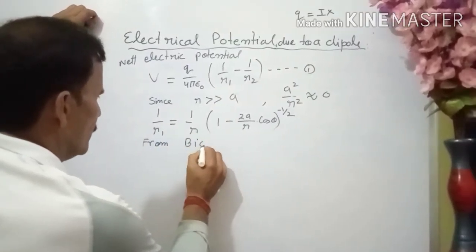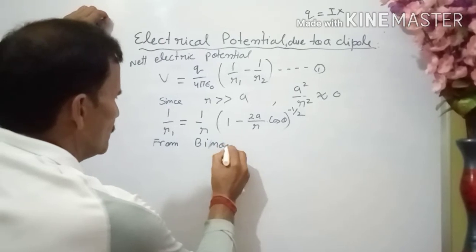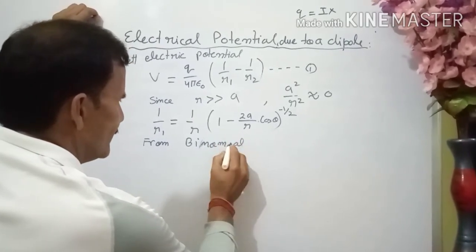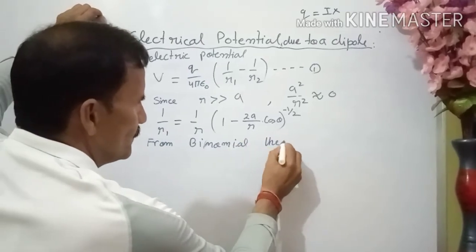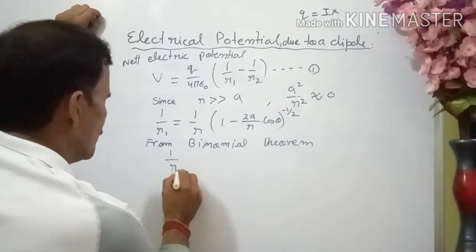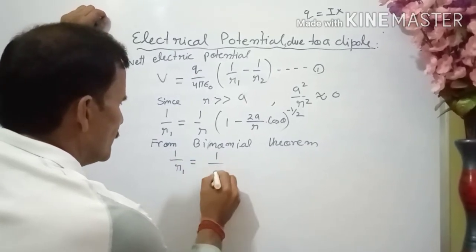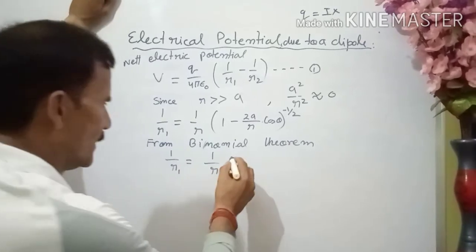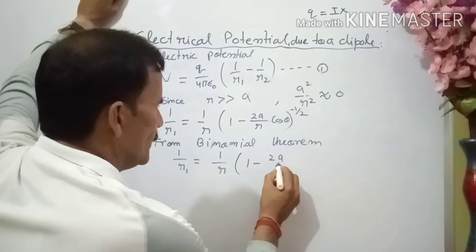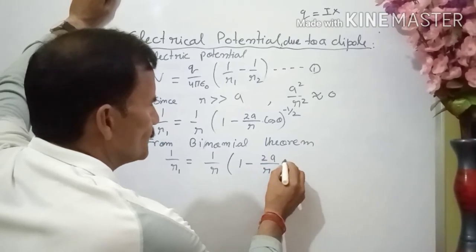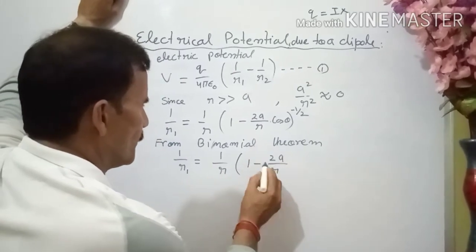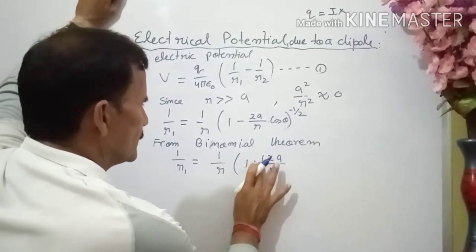From the binomial theorem, the higher terms will be left out, they will be taken as negligible, and you will only get 1 minus 2a upon r into 1 upon 2, so it will become plus and this 2 will go.